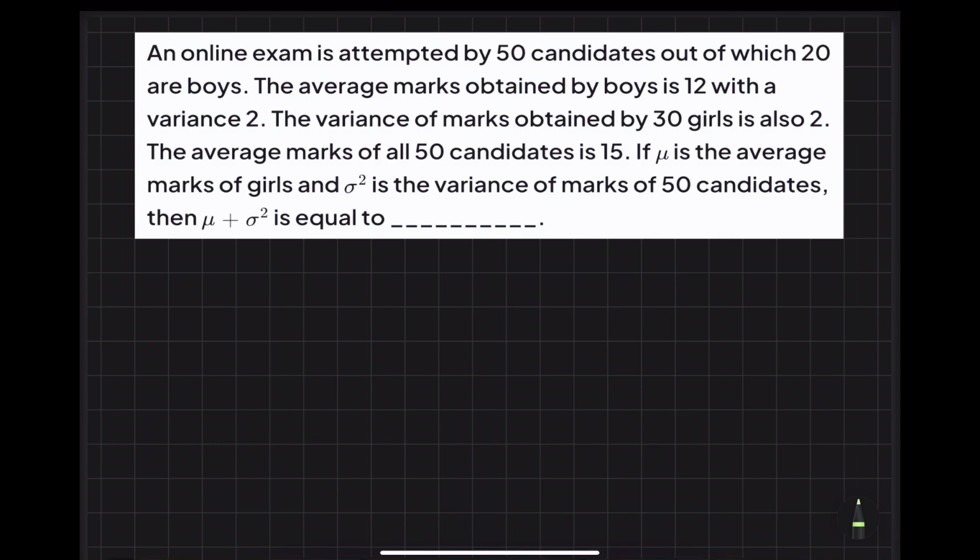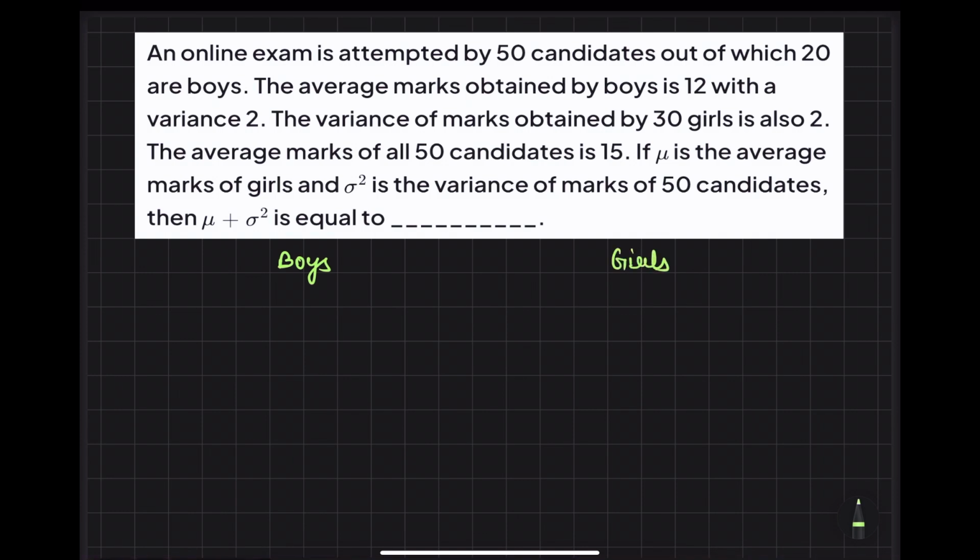So, we got a wholesome new problem which says an online examination is attempted by 50 candidates, out of which 20 are boys. Hopefully these guys are talking about the boys and the girls. Suppose that this is boys and this is girls.